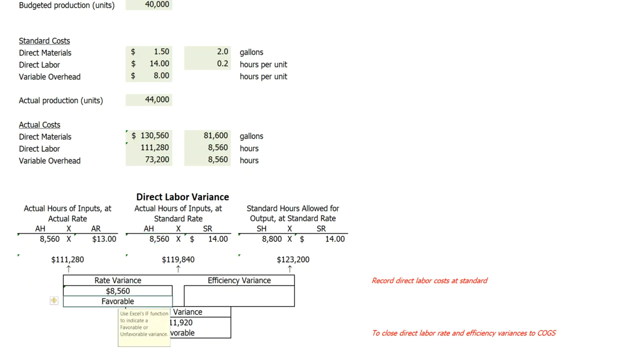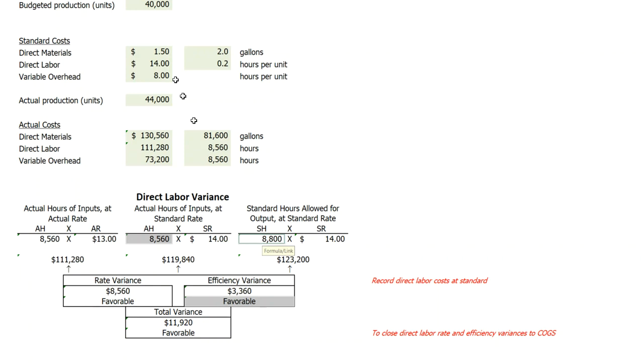The rate variance, of course, is favorable since our actual rate was less than our standard rate. Our efficiency variance is $3,360, and of course the efficiency variance is also favorable because our actual hours of 8,560 is less than what we would have expected to work, 8,800. And that variance is that difference in hours multiplied by $14 per hour.